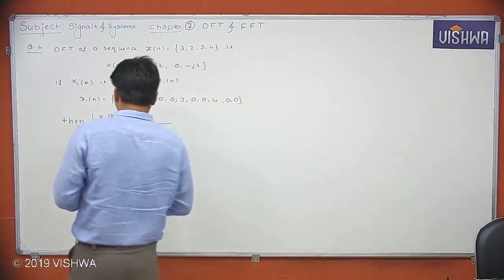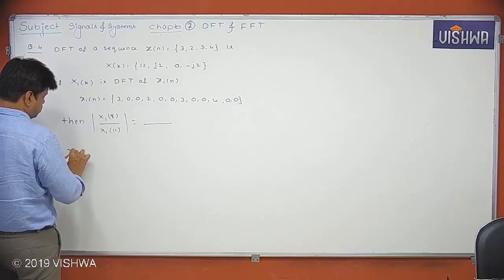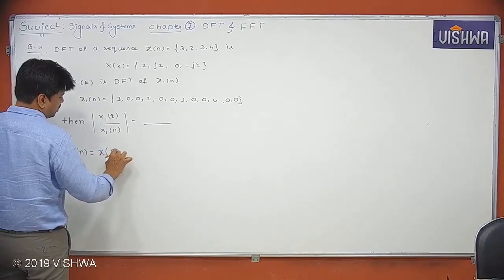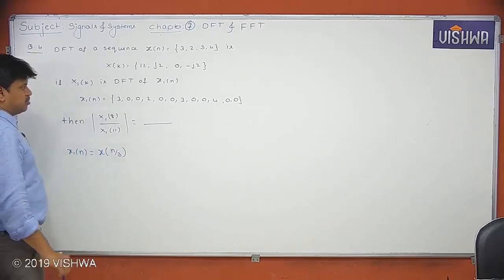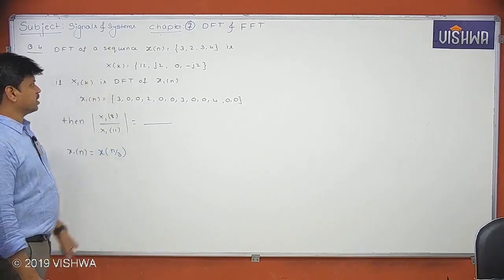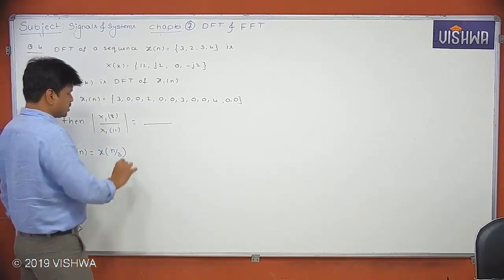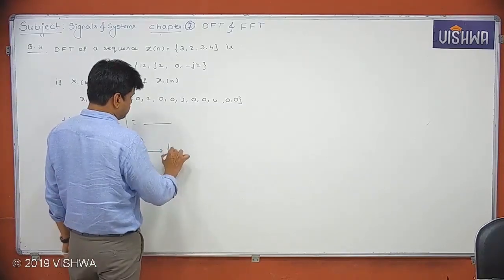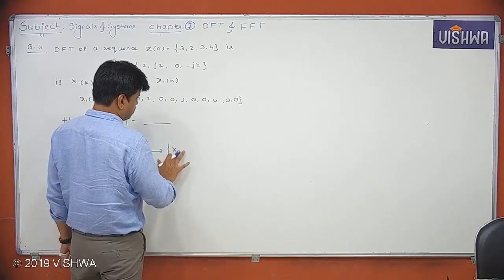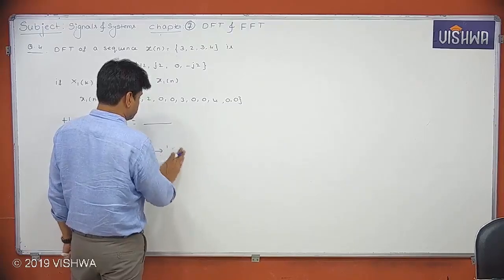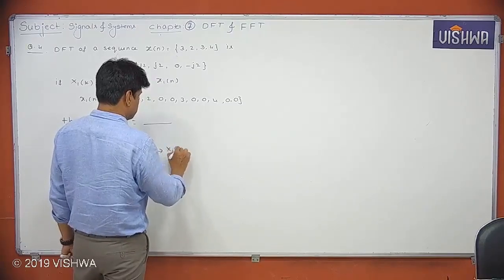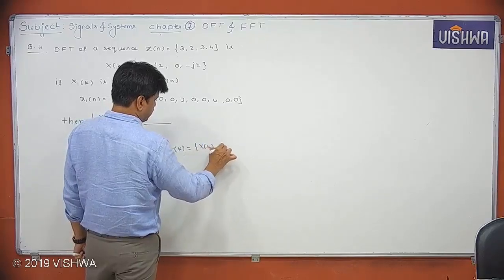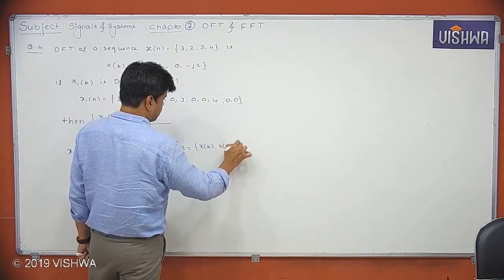If you observe carefully, x1 of n is nothing but x of n by 3. So x1 of n and x of n have a relation. For this, what is the DFT? That is simply x of k. So let's call it x1 of k, which is x of k repeated 3 times.